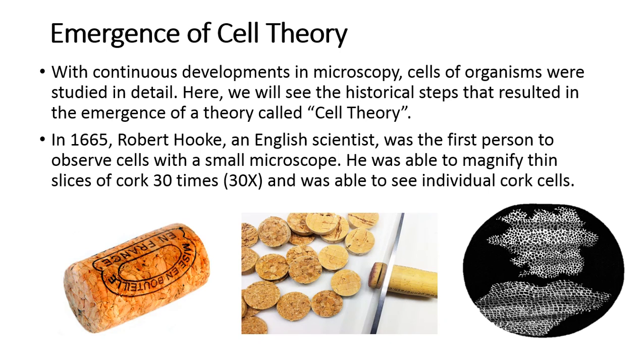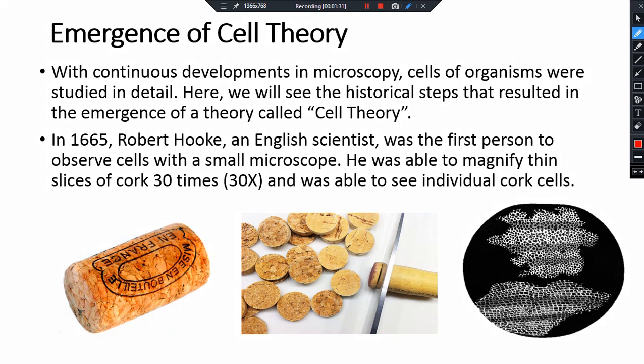So if you look at the first paragraph, it says that with continuous development in microscopy, cells of organisms were studied in detail. Here we will see the historical steps that resulted in the emergence of a theory called cell theory.